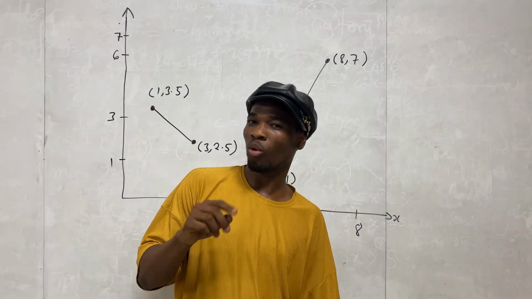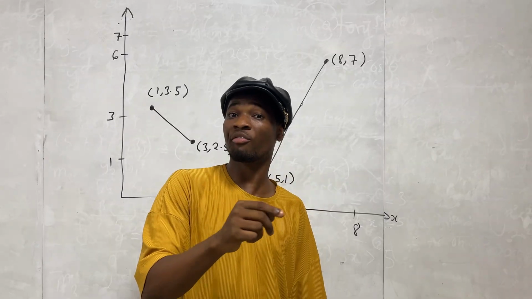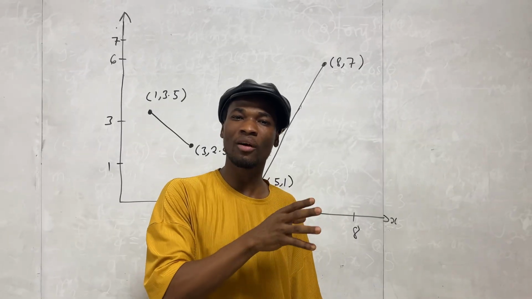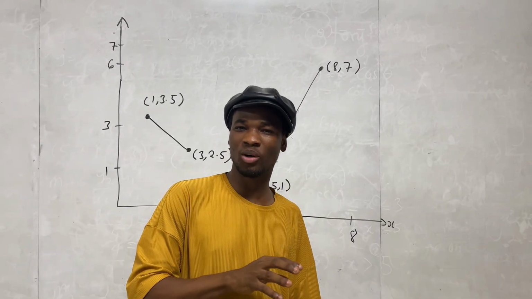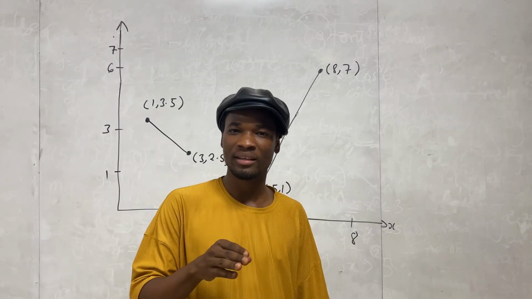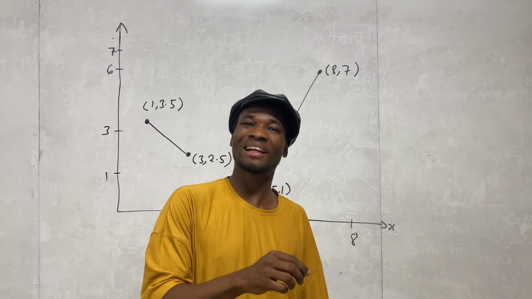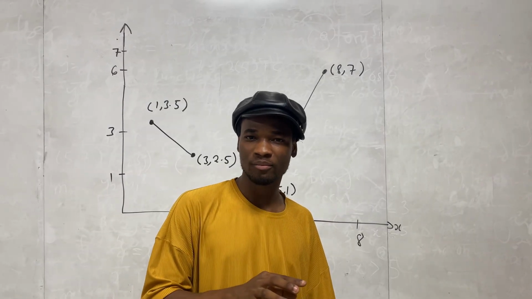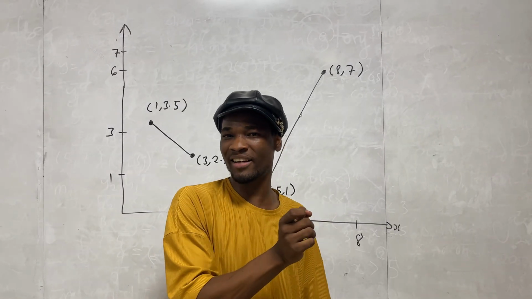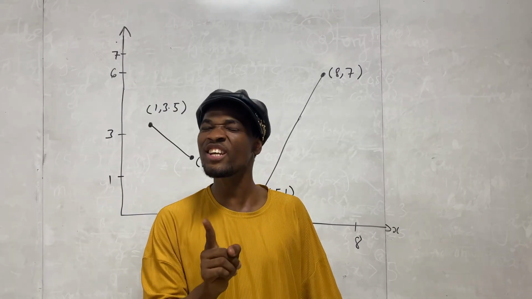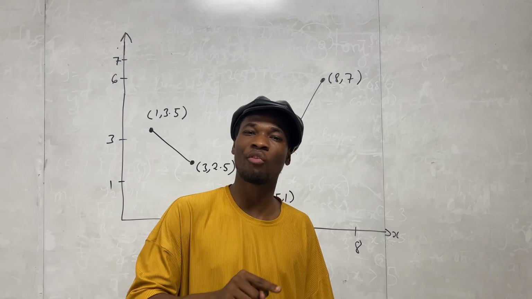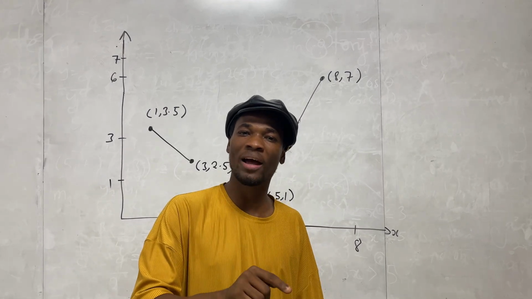So just consider one piece of a function and write down the coordinates, in other words, the points. After that, you look out for the gradient of that straight line. Afterwards, you pick the gradient and any of the coordinates so that you can find the intercept on the y-axis.